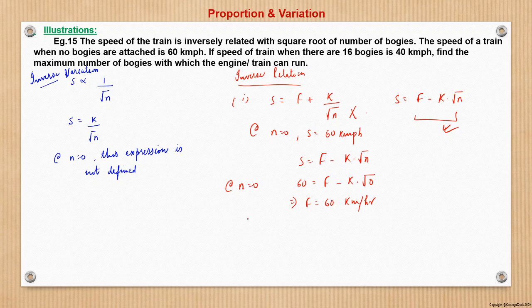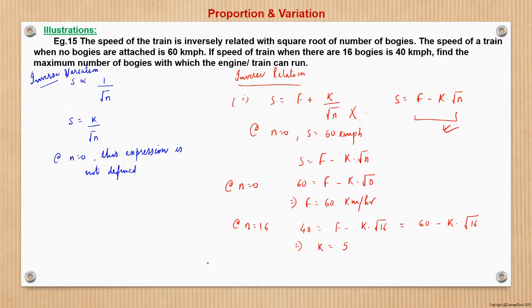This is the first thing. Now at n is equal to 16, we have a speed of 40 is equal to f minus k times root 16. So this we can write as 60 minus k times root 16. So from here we can calculate k. K will be nothing but 20 upon 4, which is 5.